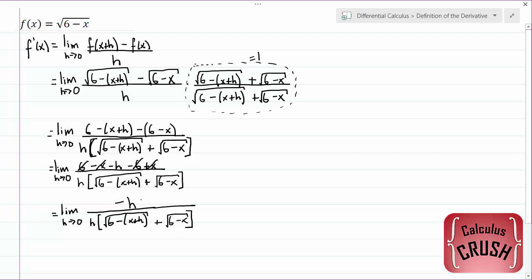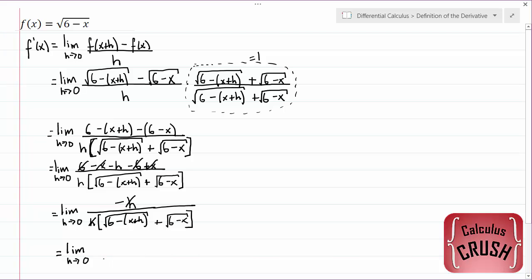So now you can see that rationalizing has allowed us to bring out an h. Well, in fact, all there is on top is an h. We can cancel out the h over h, and that gets rid of our h over h problem, our 0 over 0 problem. So let's write the last step before we take the limit.